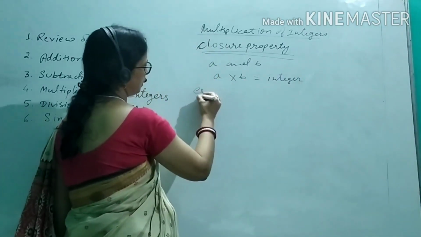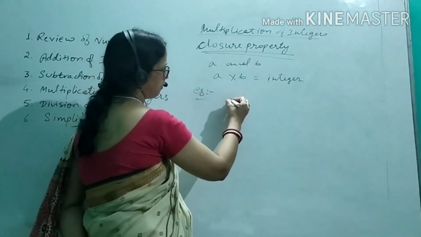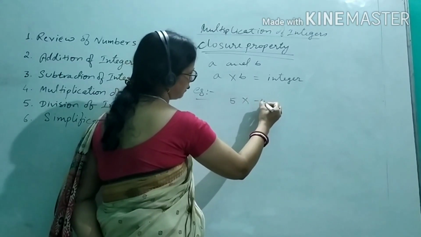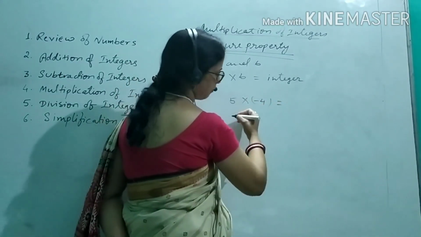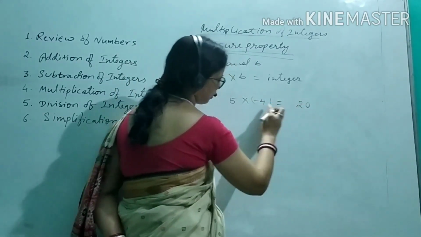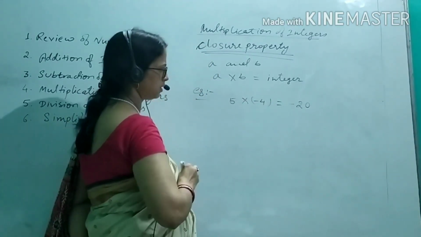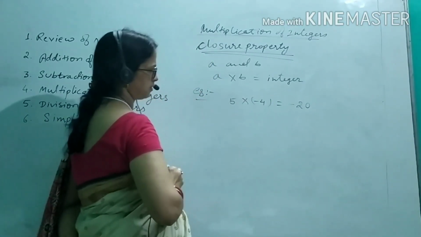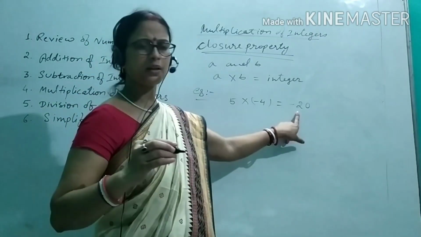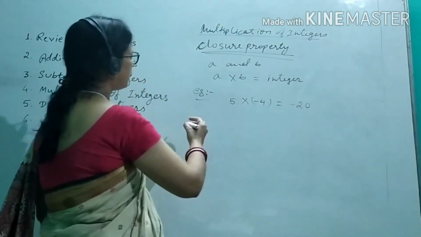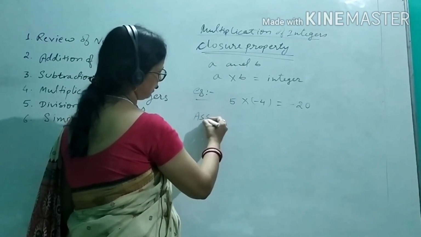For example, 5 into minus 4. 5 fours are 20. Here one number is negative, so we get minus 20 as the result. So minus 20 is also an integer. Next property is associative property.